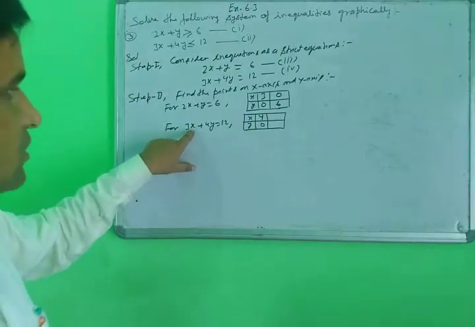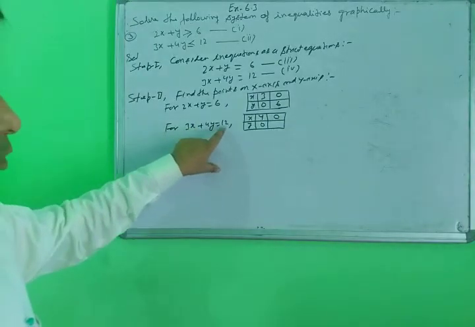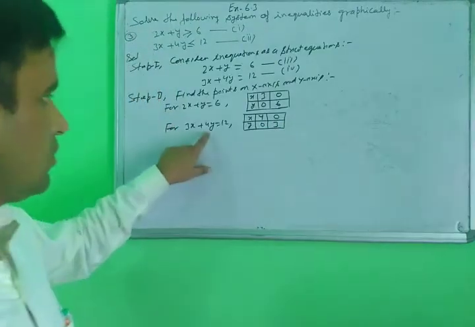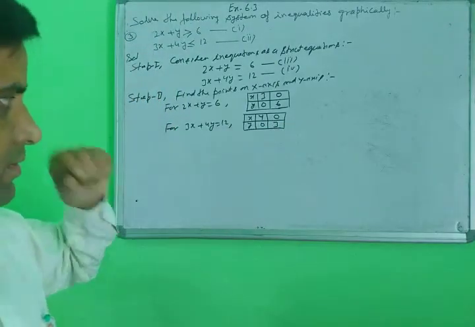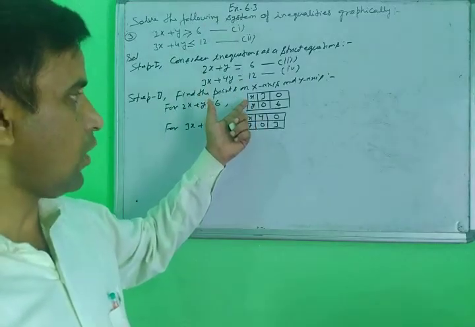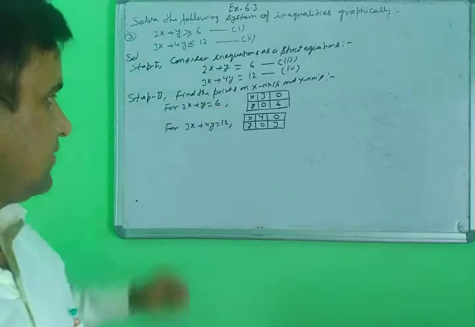When putting x equal to 0, 4y equal to 12, so y equal to 3. The value of y is 3, since 4 times 3 is 12. So these are the points on the x-axis and y-axis for both the lines.